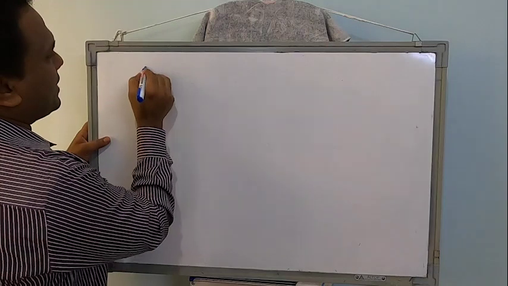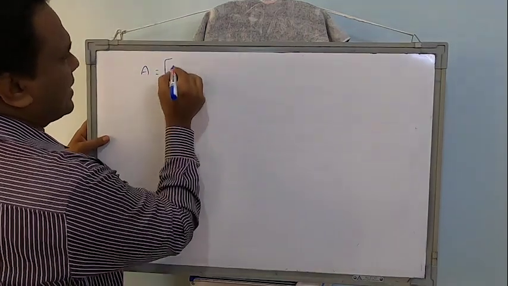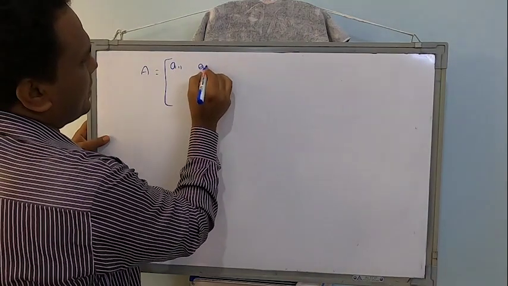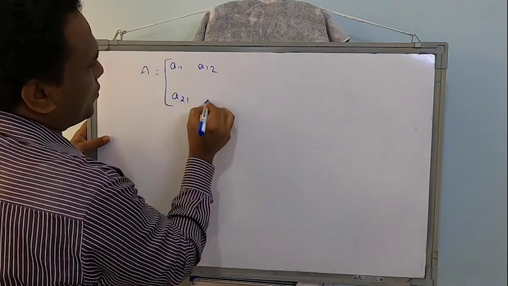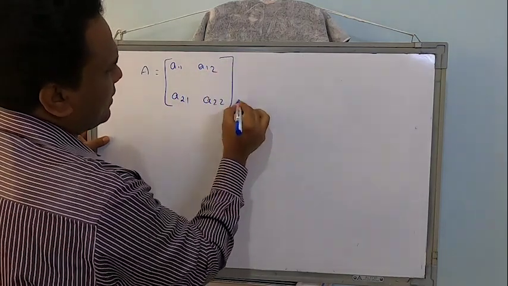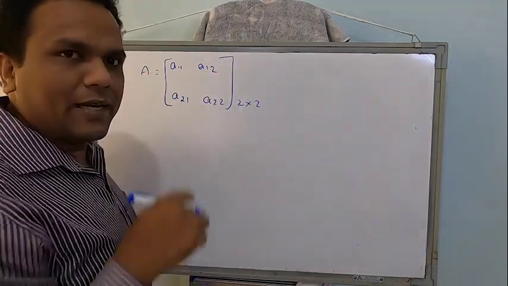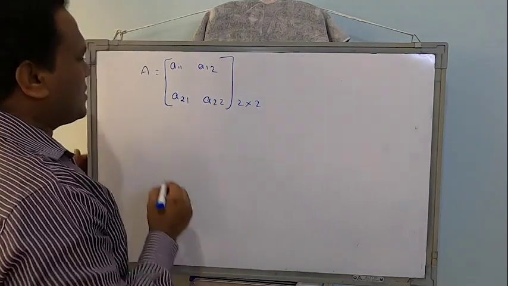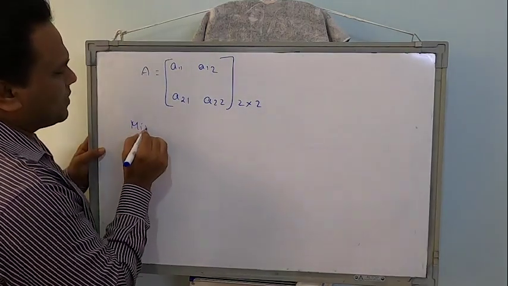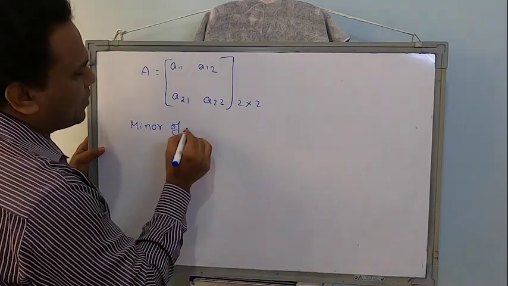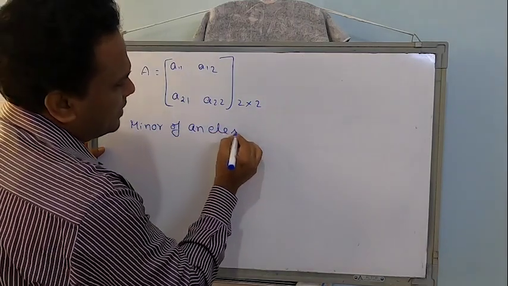Let me consider a matrix A given by A11, A12, A21, A22. I have taken a 2 by 2 matrix to explain my next concept, which is the minor of an element.